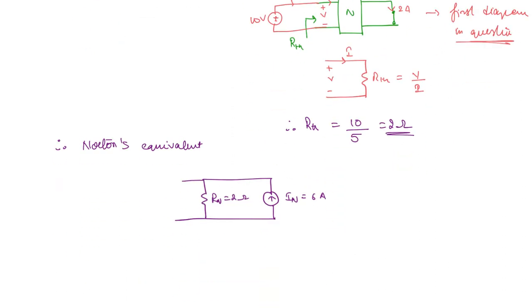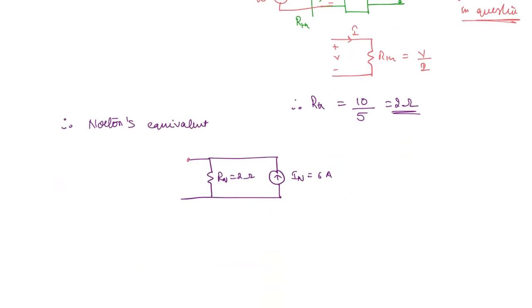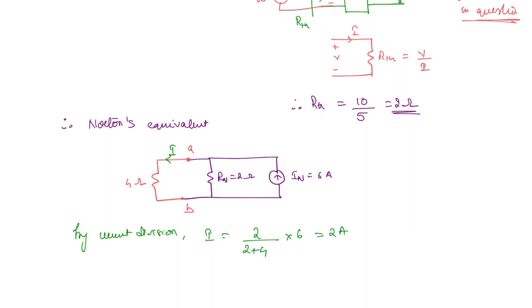You can write the terminals as well: this is A and this is B, and here you have resistance 4 ohms. So by current division, the required current I is equal to 2 divided by 2 plus 4, into 6, which is 2 amperes.